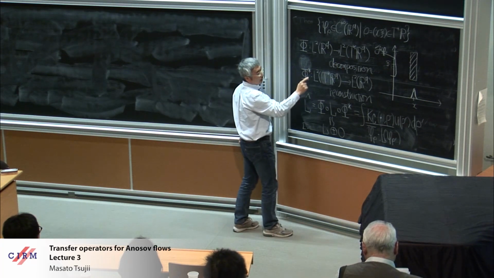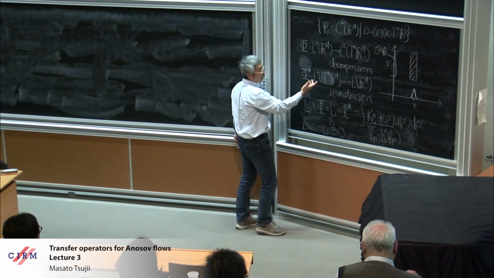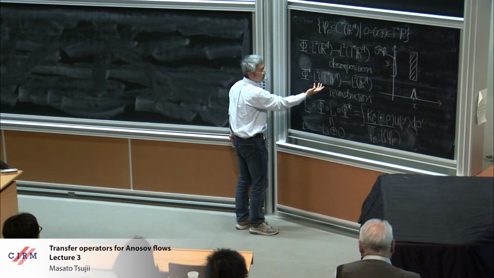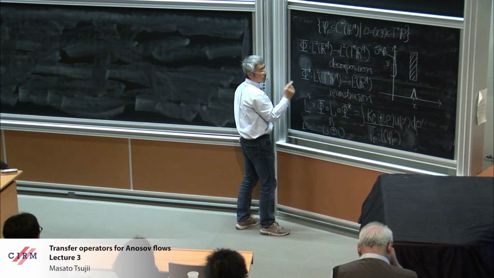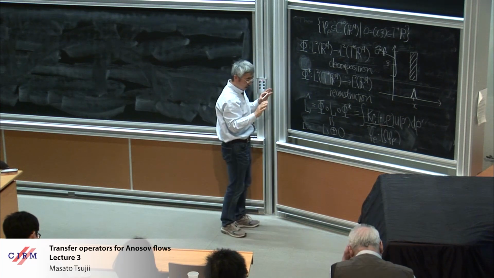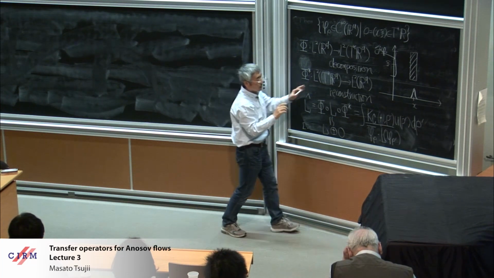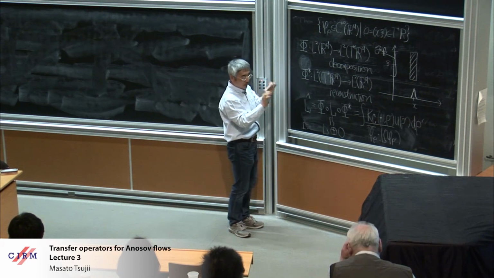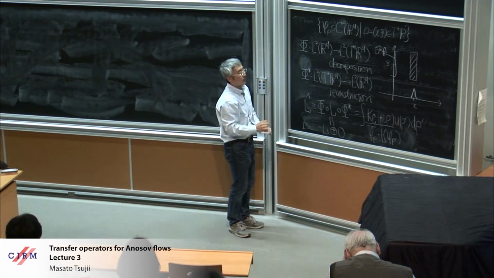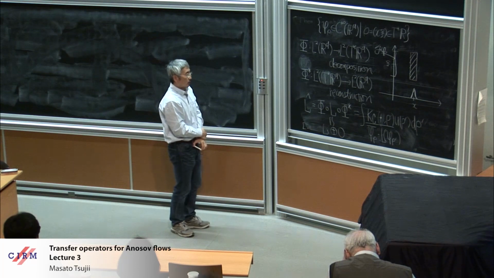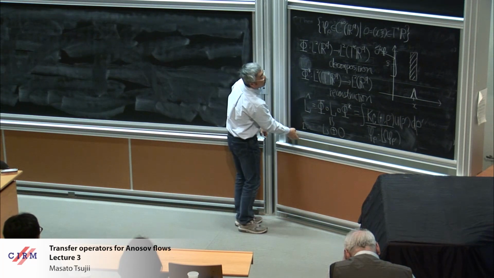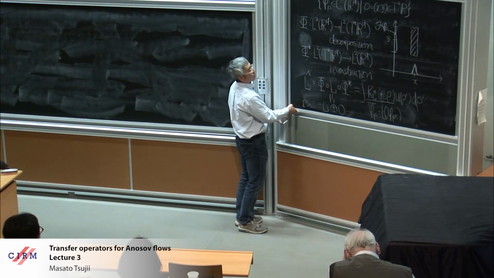And again, the reconstruction is that if you have a function here, then you reconstruct the function by superposing those wave packets. And what we found is that this works well.